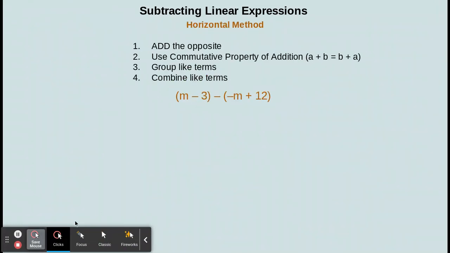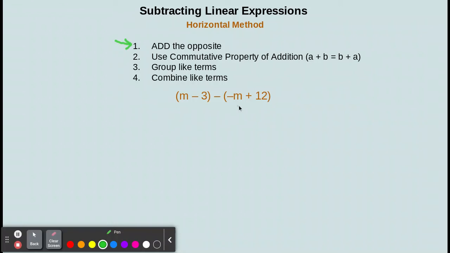Now using the horizontal method, it's basically the same as the horizontal method in adding, but with one little difference, and that difference comes at the very beginning. We add the opposite.